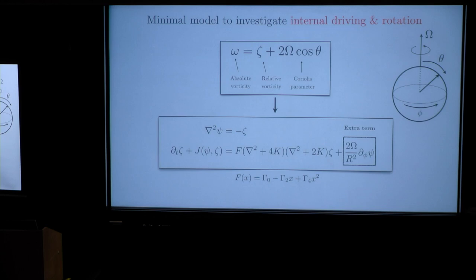And if you do that, you end up extending these equations with this extra term over here, which has this phi derivative of the stream function. And that's essentially the only difference in the GNS equations in the non-rotating case with the rotating case. And we want to see what happens when we consider this effect.